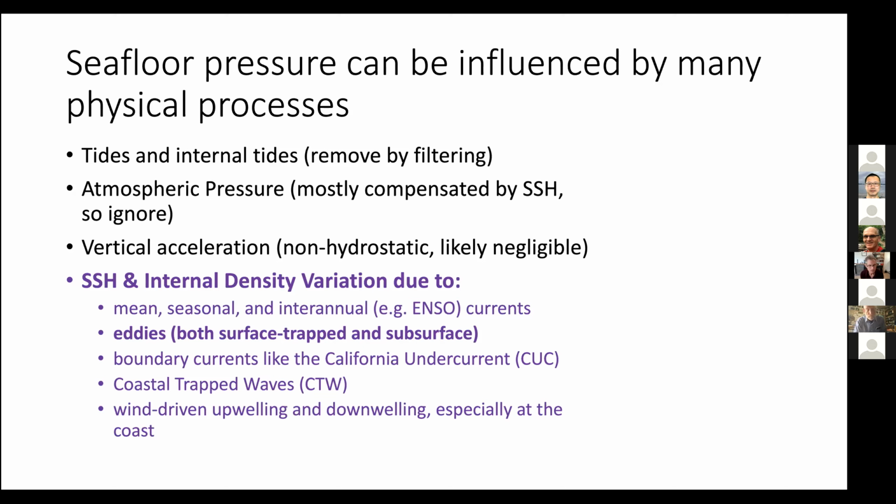You saw that these can be influenced by coastal trapped waves. Alex didn't talk about things like the California undercurrent, but did talk about El Nino. And I'll be focusing more on eddies, which have come up as instabilities or intrinsic variability in some previous talks.